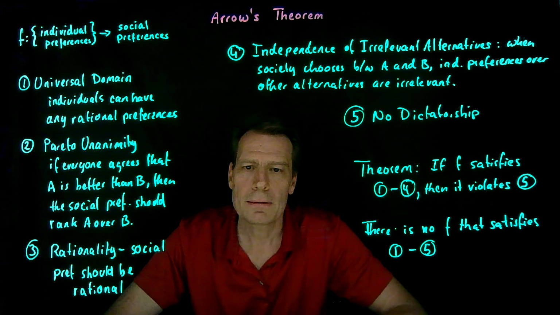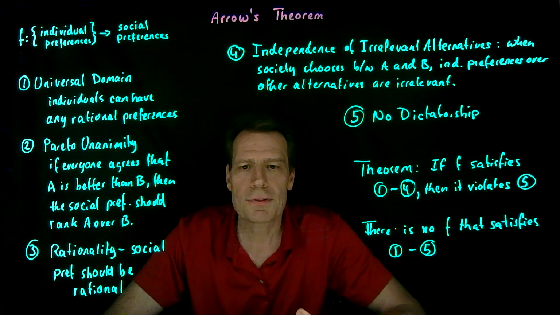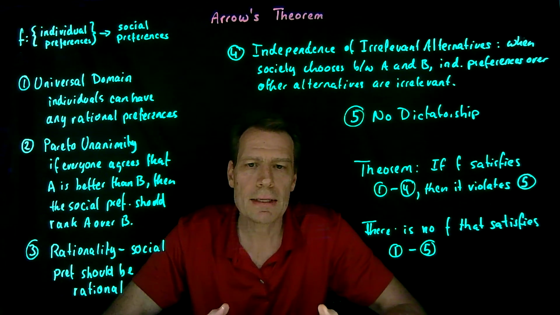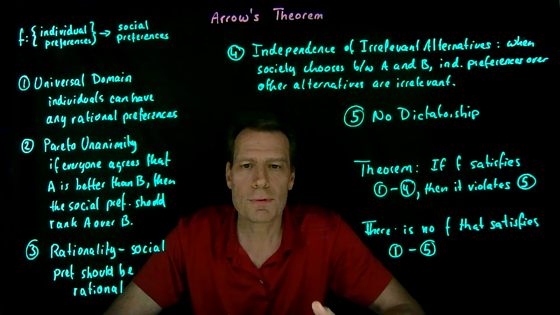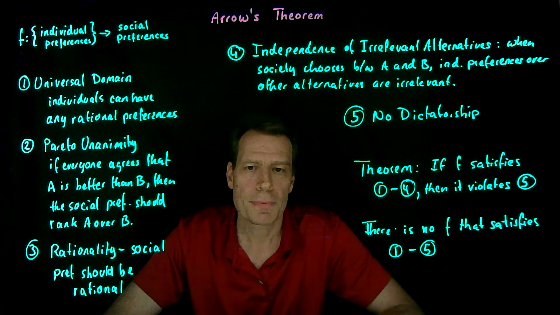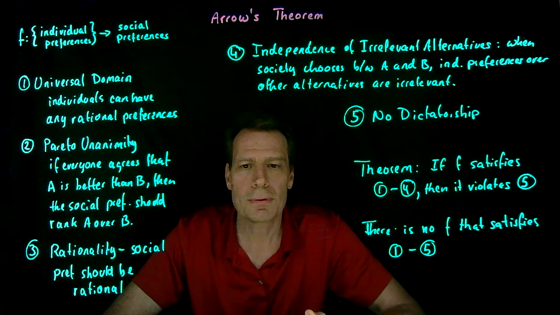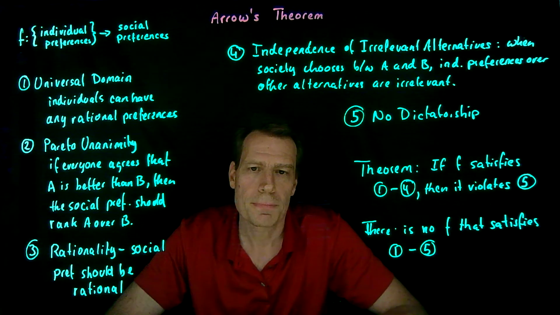So what does that mean? It means we don't have some ideal way of aggregating individual preferences over social outcomes, some ideal way that results in a will of the people that's coherent in any sense. There are no political institutions that will give rise to a will of the people that satisfies these conditions.